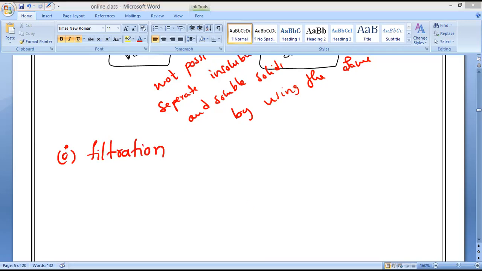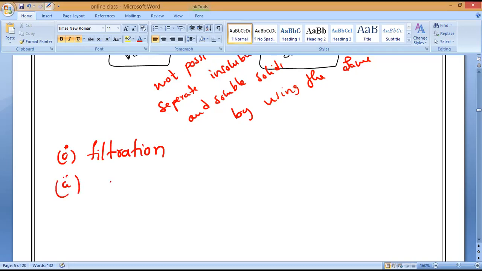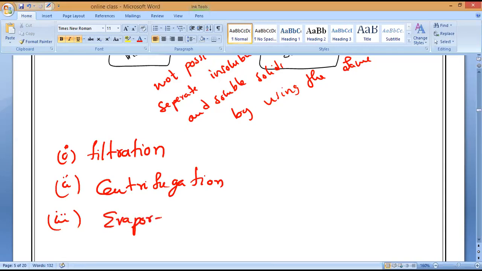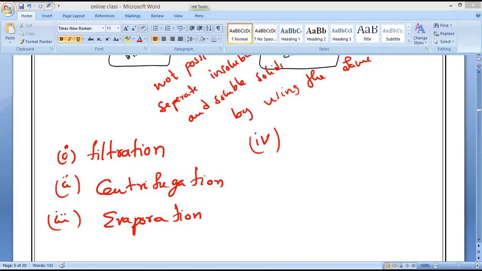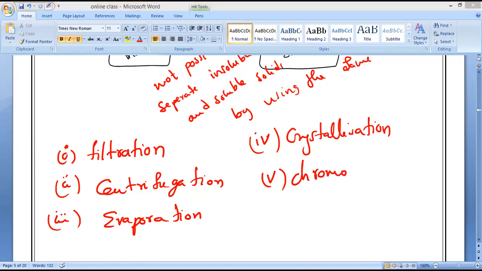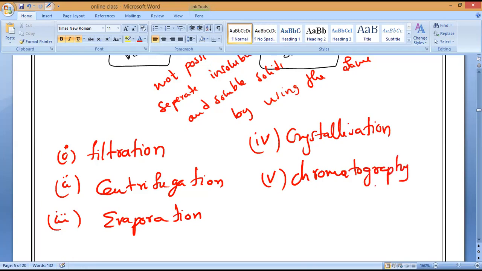The second one is called centrifugation. The third one is called evaporation. The fourth one is called crystallization. The fifth one is called chromatography. And the sixth one is called distillation.